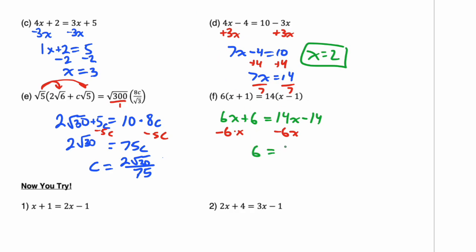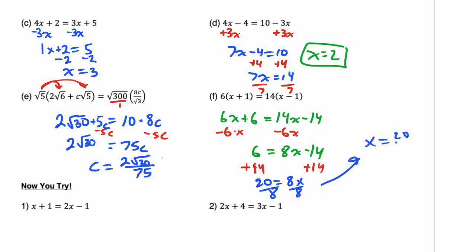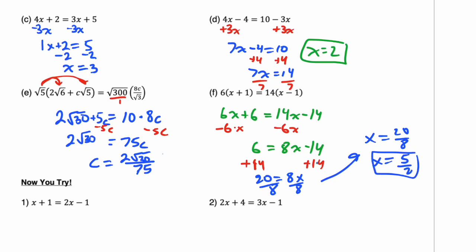Then we get 6 equals 8x minus 14. Let's add 14 to both sides. And then we get 20 equals 8x, divided by 8. I'm running out of room. This is x equals 20 over 8, which simplifies to 5 over 2 if we divide the numerator and denominator by 4.